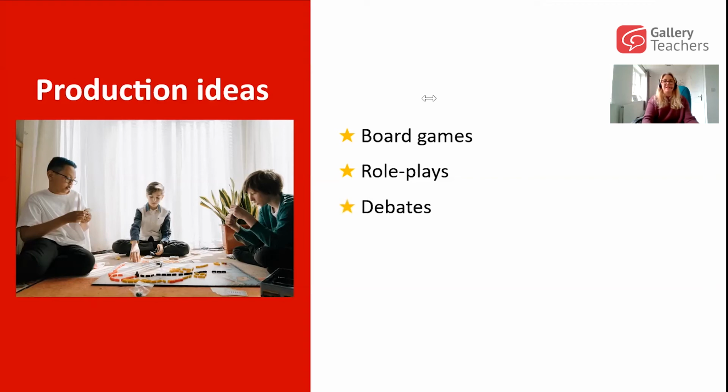Another activity, debates. This can get quite lively, okay, especially if you've got a big class with lots of personalities in it. So how would it work? Well, let's say you had taught them functional language for giving opinions, agreeing and disagreeing.